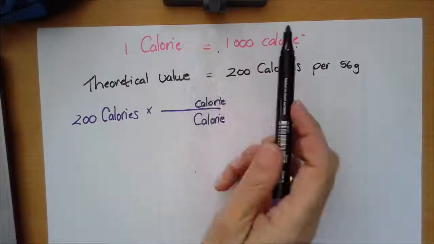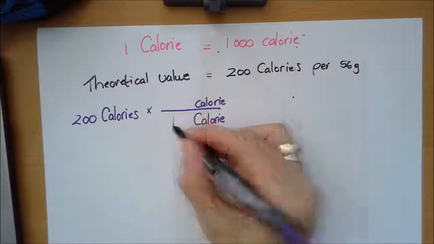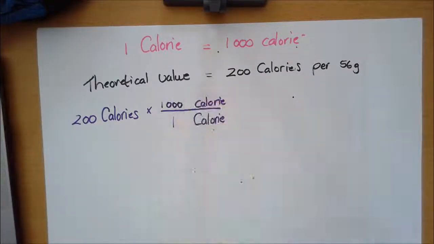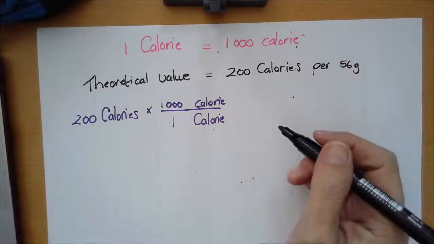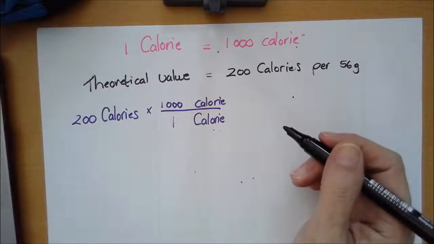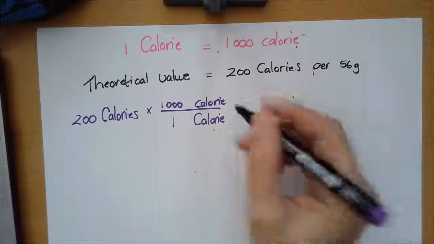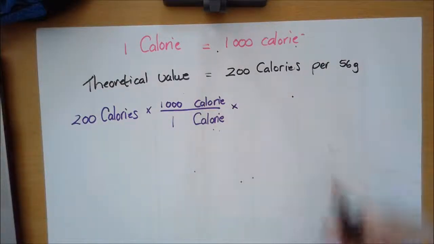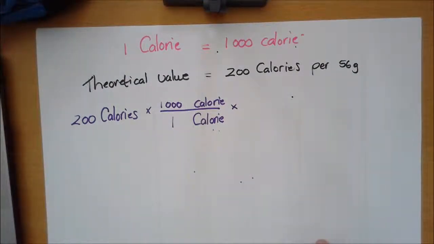According to this, 1 nutritional calorie equals 1,000 heat calories. So that means in 200 calories, you are going to have 200,000 heat calories. But I also need to convert this to how much energy that is.